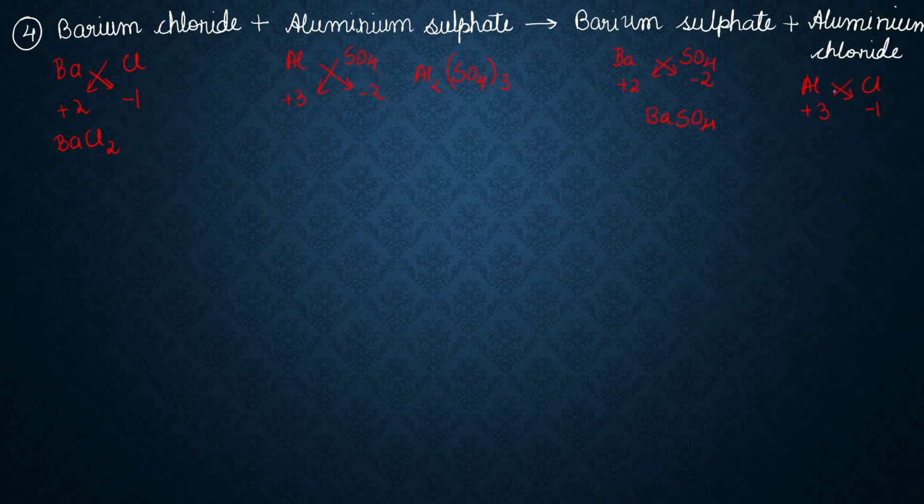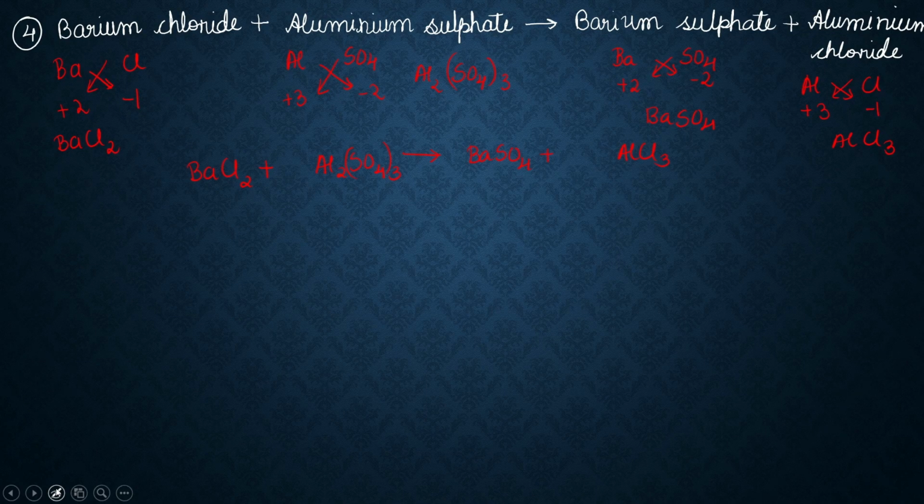So if I cross the charges, it becomes AlCl3. Now this equation becomes BaCl2 plus Al2(SO4)3 gives barium sulfate BaSO4 plus aluminium chloride AlCl3.